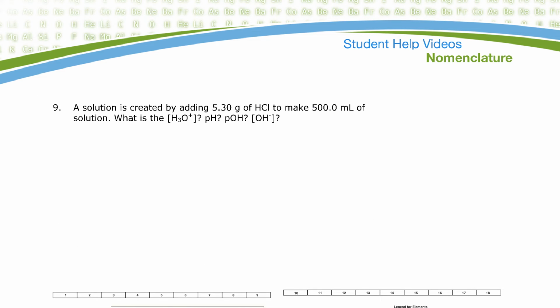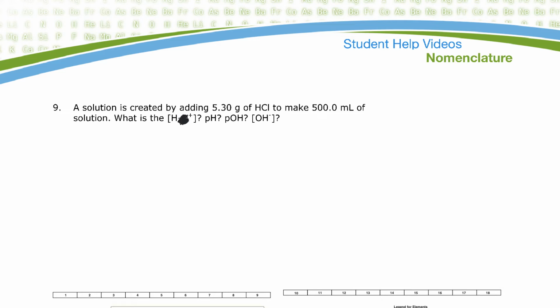All right, more. It says a solution is created by adding 5.3 grams. And again, they want to know what the hydrogen ion concentration is, the pH, the pOH, and the hydroxide ion concentration. Okay, let's do all of those.